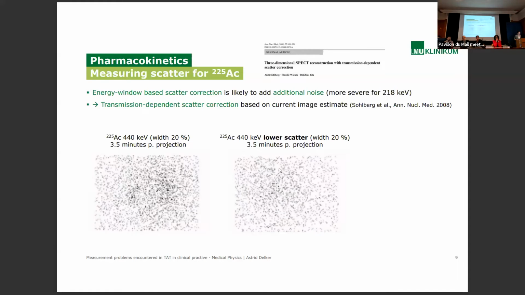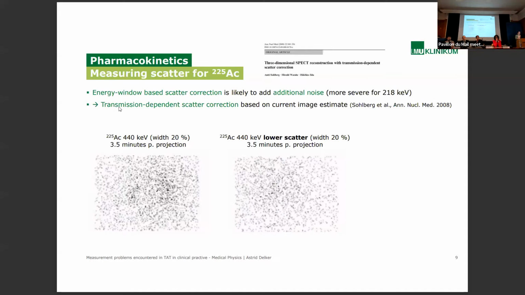This situation is even worse, of course, for the scatter projections. As you may imagine, using these projections during the reconstruction for scatter correction is likely to add additional noise to the images. So what we did, we switched to a model-based scatter correction or transmission-dependent scatter correction.